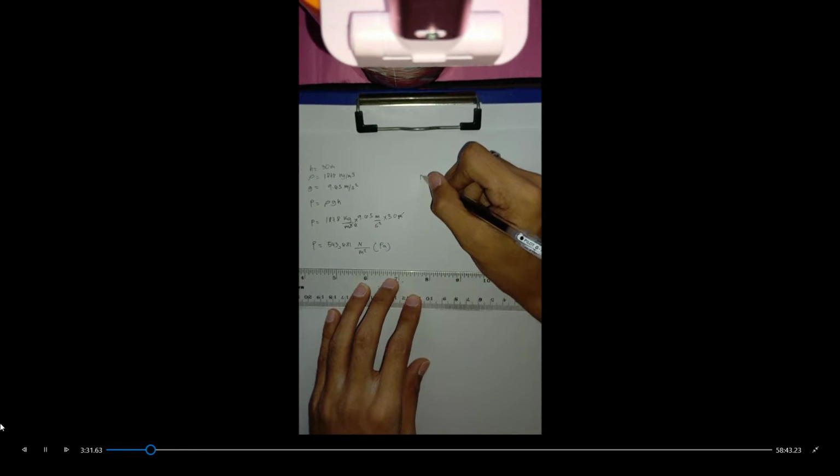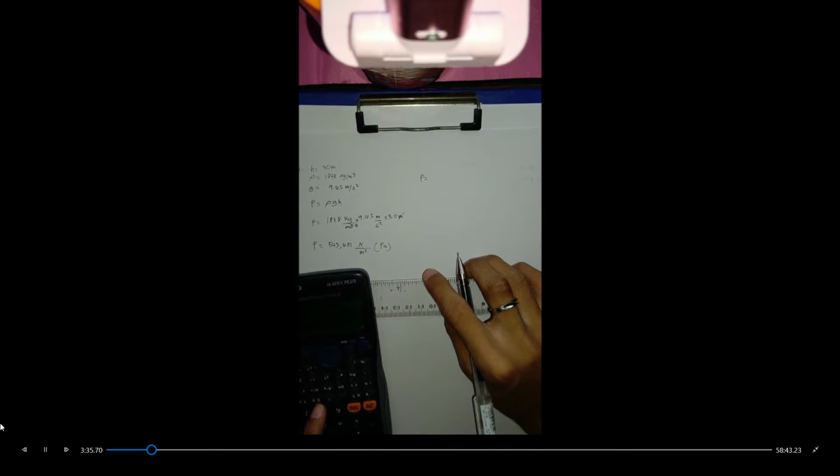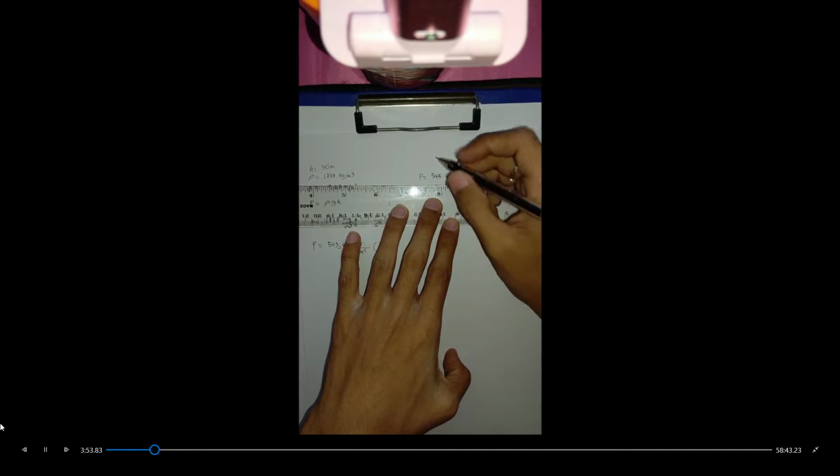If you want, we can convert this into kilopascal by dividing the resulting value of 543,681 by 1,000. This gives us 543.681 kilopascals. That would be the answer for practice problem number 1.